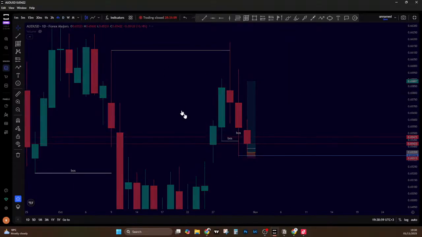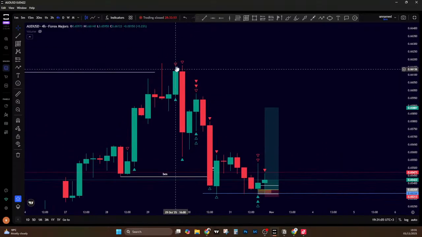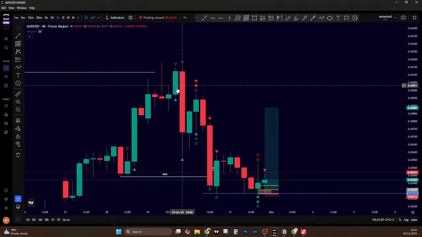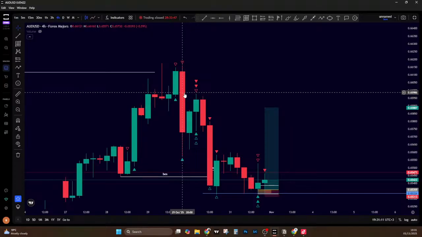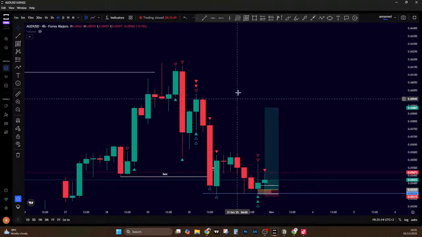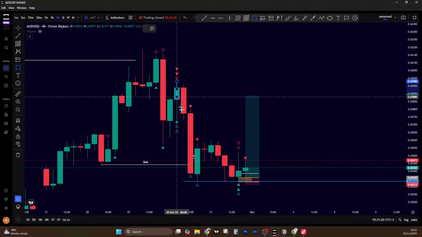So let's see what we have in the 4 hours. This is the move that caused all this BOS, but this order block was retested by this one. So the only order block we have here that has not been retested is this one.